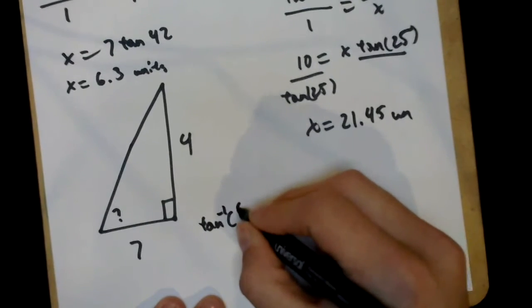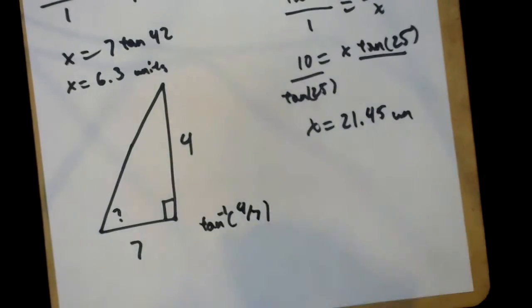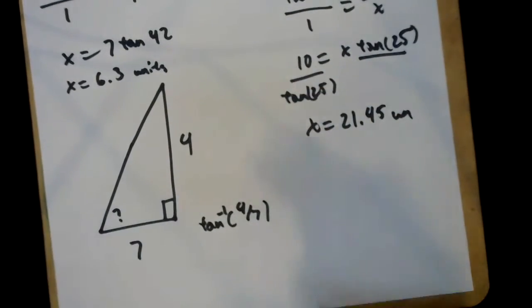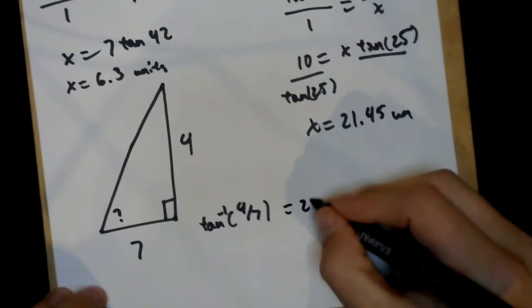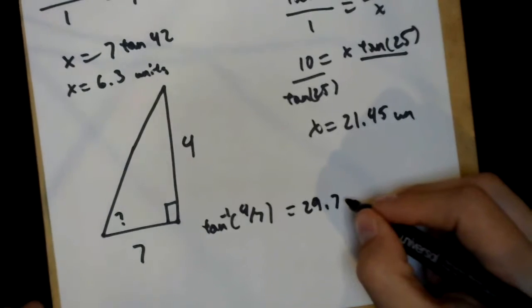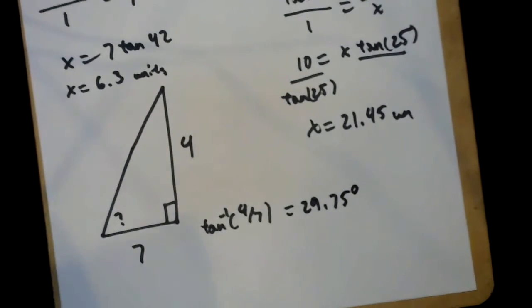The inverse tangent, or arctangent, it's also called. You basically plug into your calculator the inverse tangent, or arctangent, of 4 divided by 7, because it's opposite over adjacent, and you should get 29.75 degrees. We'll round.